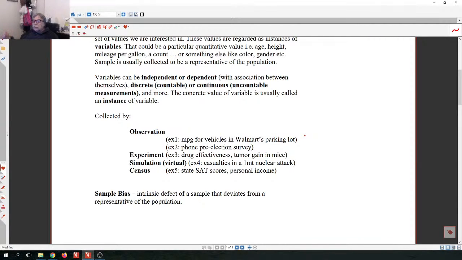We collect that by using observation, which is not necessarily just looking at something. It could be a lot more work. For example, if I need to find out the mileage per gallon of four-door sedans on the road in the United States, I might want to go to a Walmart parking lot, a particular Walmart parking lot like Comac Commons. There, I would have to identify the model of a car in the parking lot.